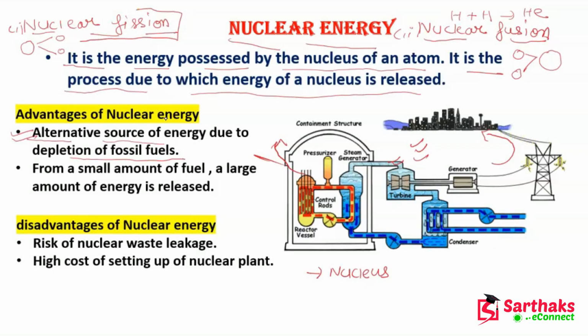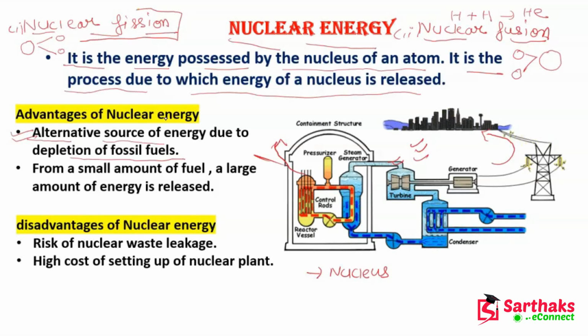What happens is that nuclear energy can be used as an alternative source because fossil fuels will not be available in the future, because it is not a renewable energy resource. These resources may be finished in the future. So this is an alternative source of energy.